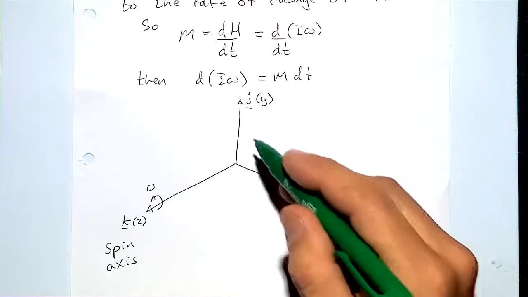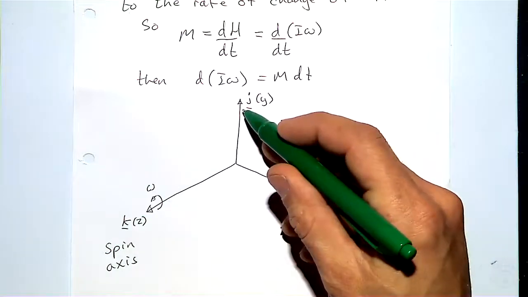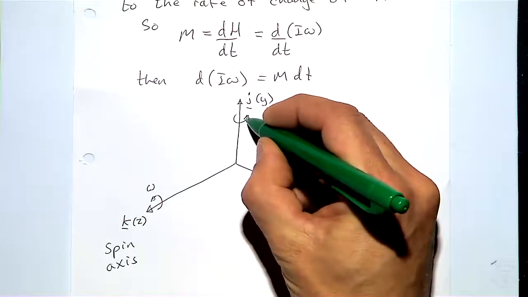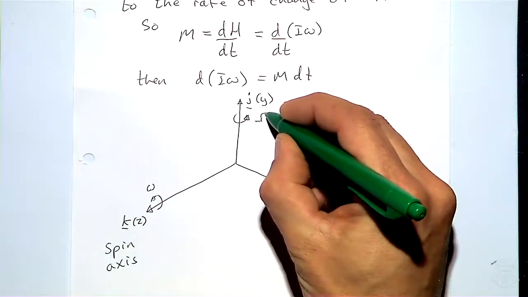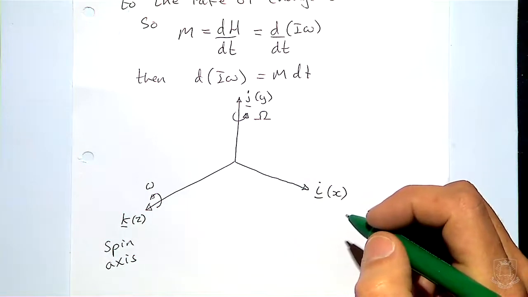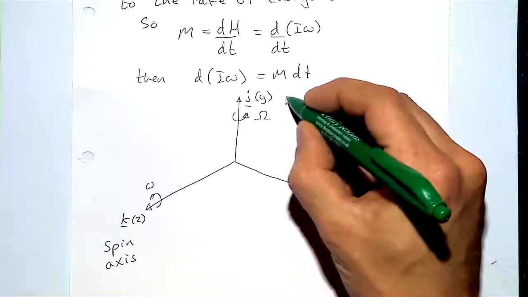Now we've got these other 2 axes to think about, and this vertical one here is going to move with an angular velocity we're going to call capital omega. This j-axis we're going to call the precession axis.